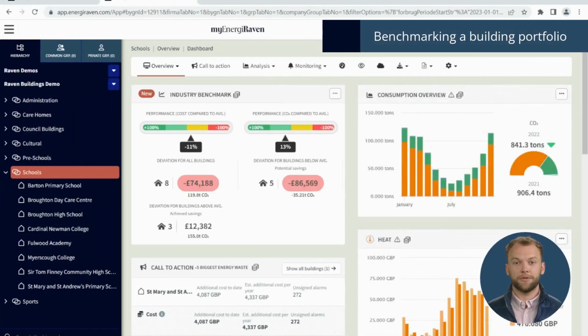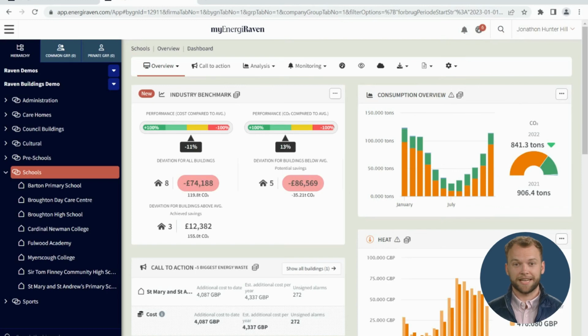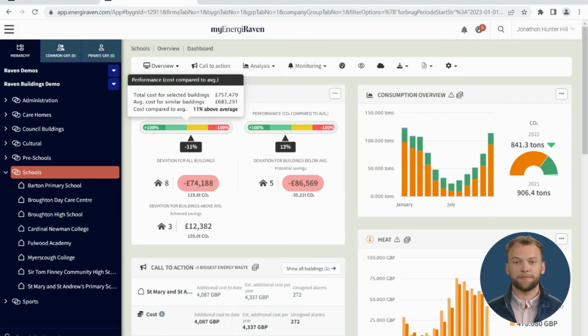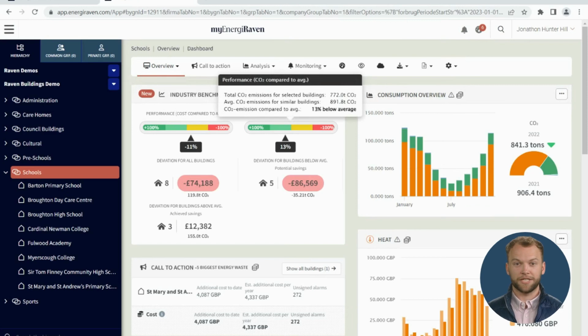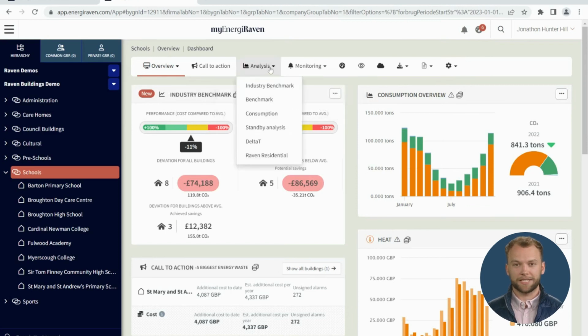The industry benchmark compares the buildings within our portfolio to buildings of the same type that are also on the database. It therefore gives us an indication of how well our buildings are performing. Knowing the cost of our energy is a great motivator to improve our energy consumption. One of our biggest challenges with net zero is knowing where to start.